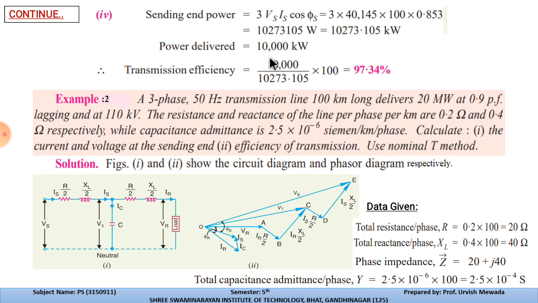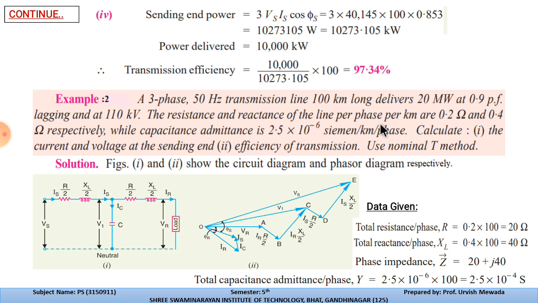The power delivered is the output and this is the input. So this is 10,000 divided by 10,273.105 multiplied by 100, so it is 97.34%. This is how we can determine all the parameters using the nominal T method.